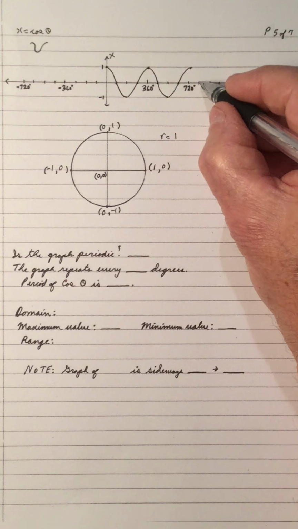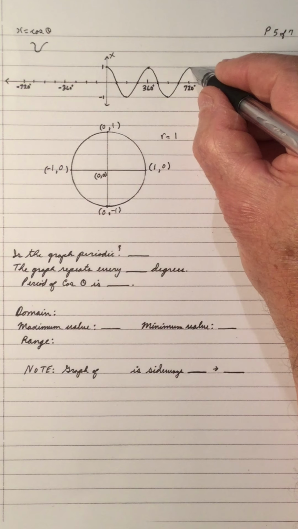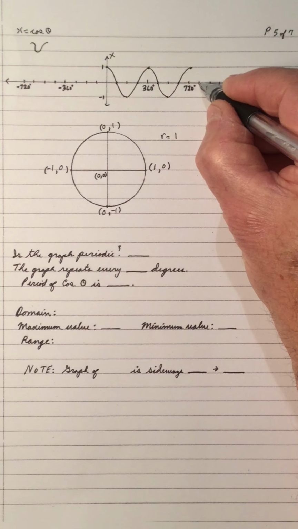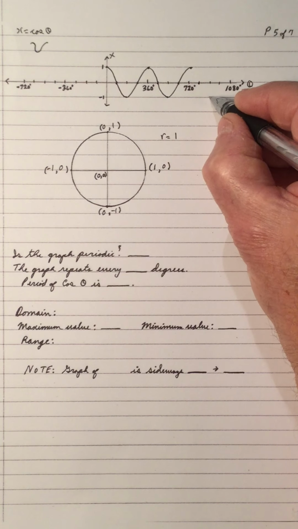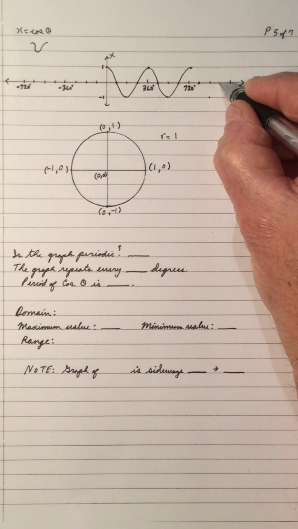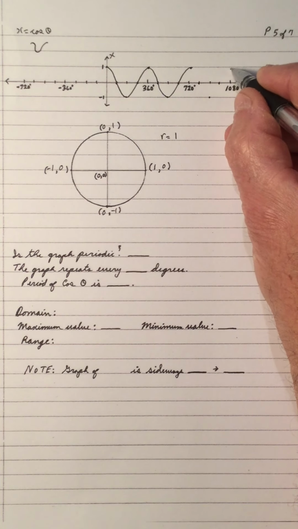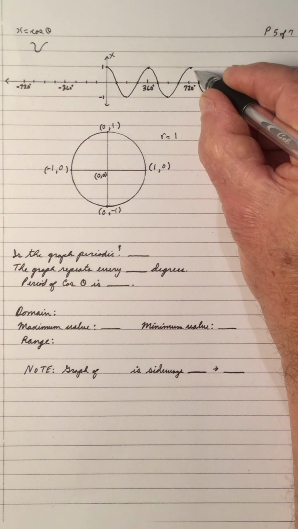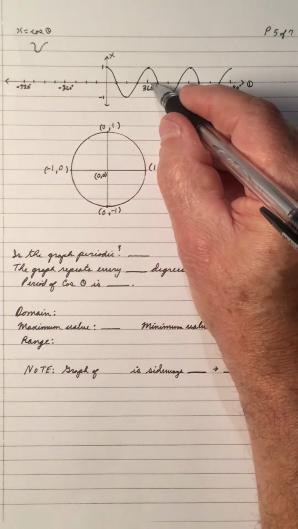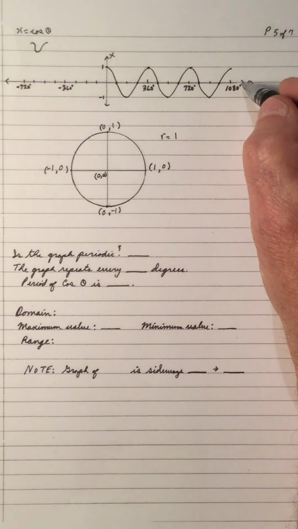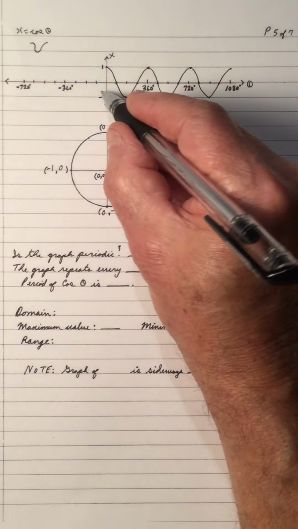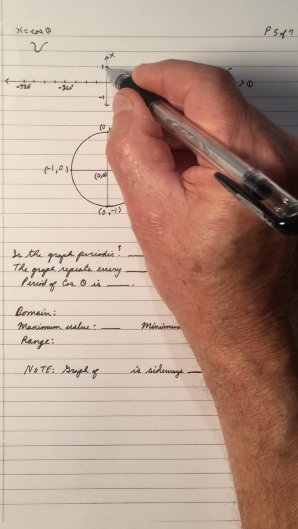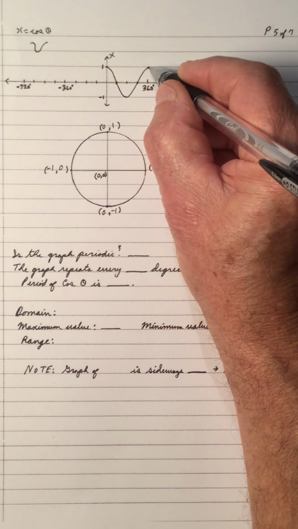And if you go again, these are 90s now. So that's a 1 coming down to 0, going down to -1, going up to 0, going back to 1. And there's another graph. So this is made up of 1, 2, 3. Happens 3 times.